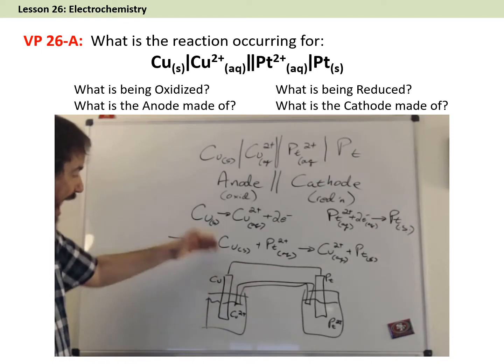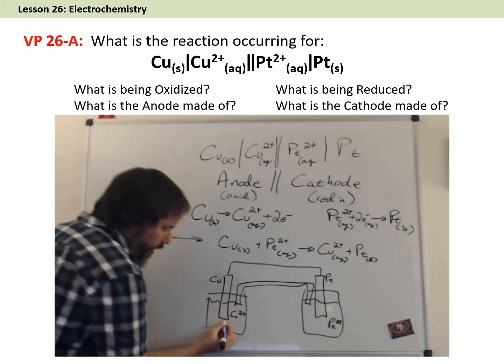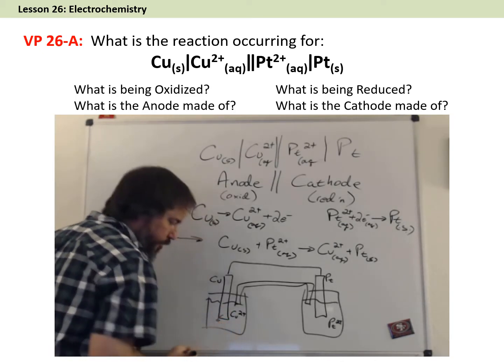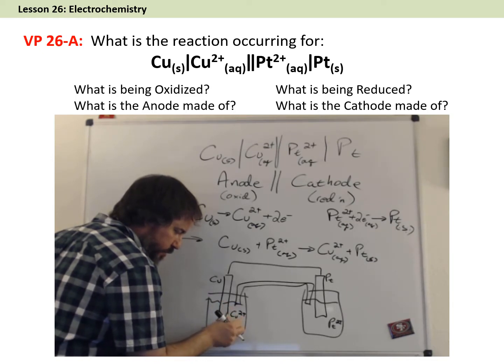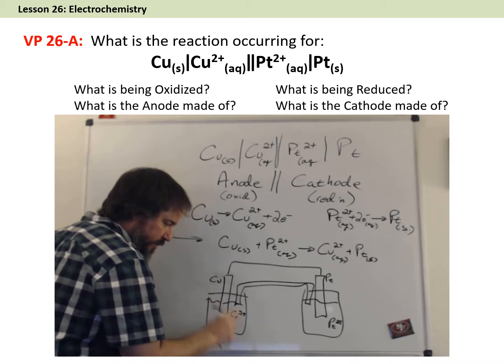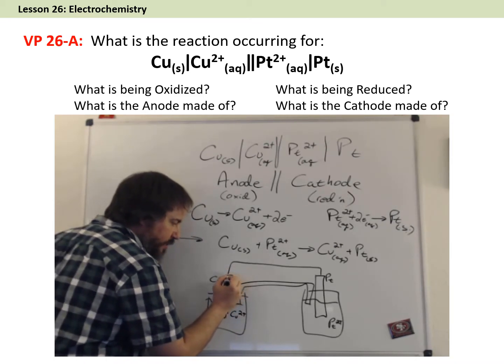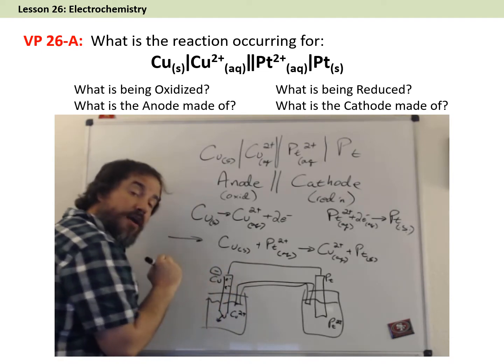Now, at the anode, copper is going to go and form copper 2 plus. So over time, this is going to shrink away. My copper is slowly going to copper 2 plus, and this creates a bunch of electrons. So this is a negative anode.